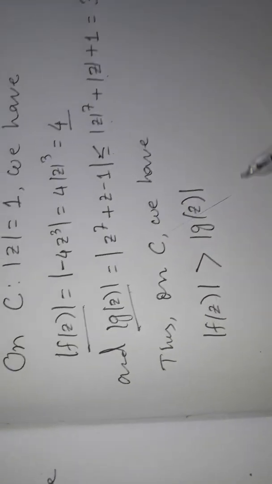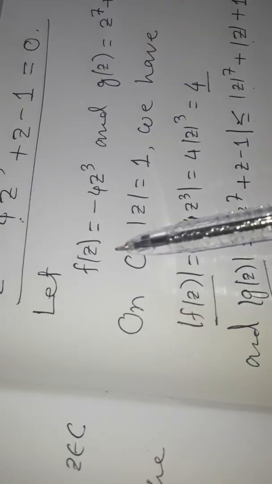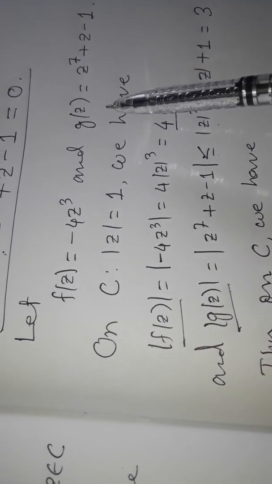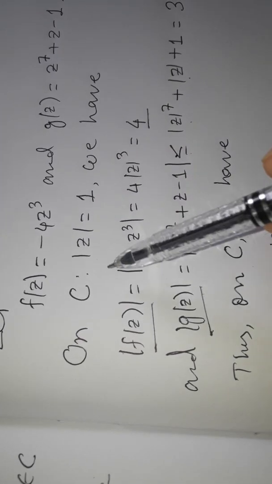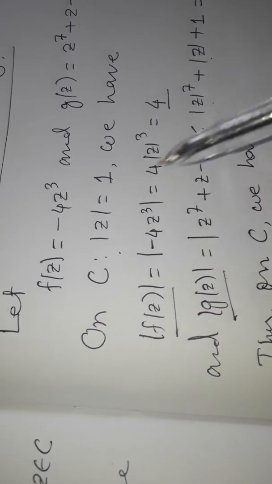Therefore, these two functions f(z) and g(z) are polynomials, so they are analytic everywhere, and in particular analytic on and inside mod z equal to 1.